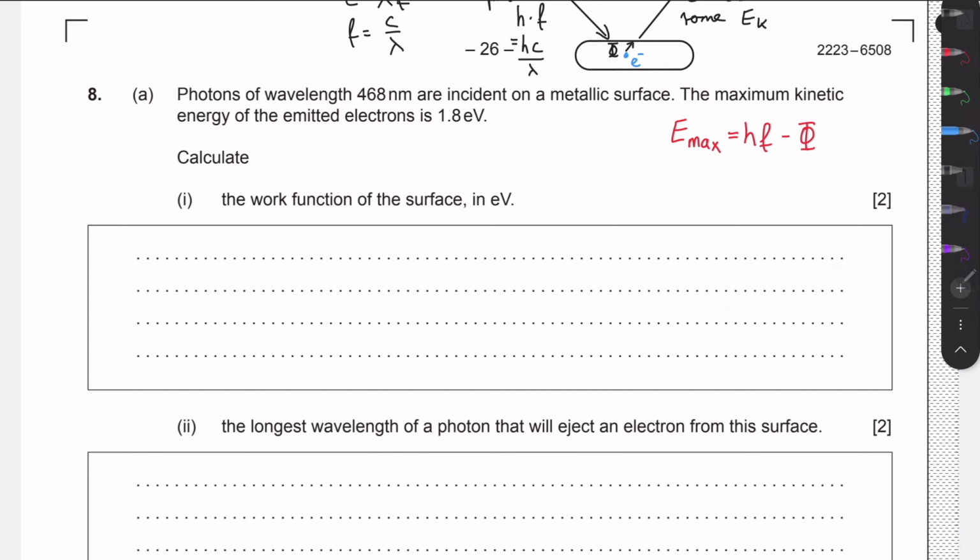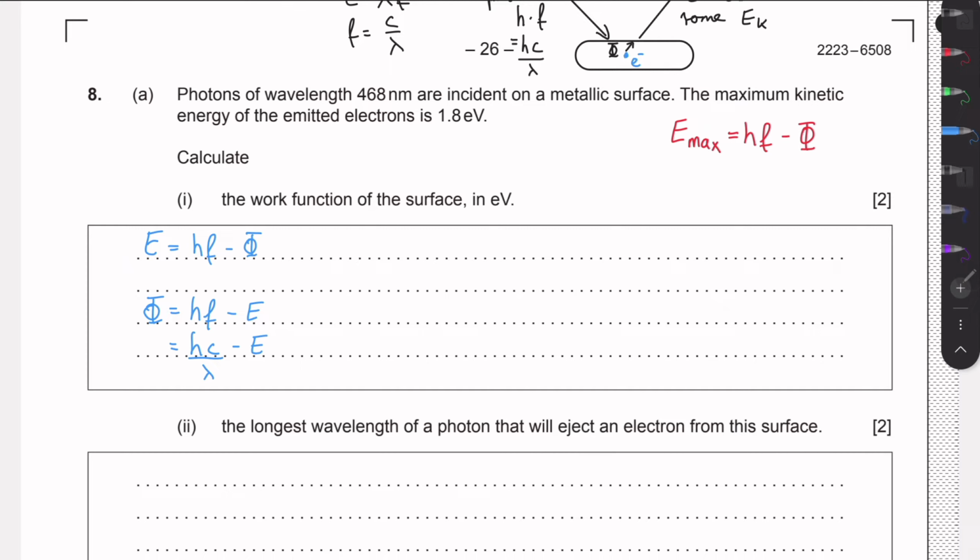I'll just write this down again: the energy is h times f minus the work function. We can rearrange this for the work function. This will be h times f minus the energy, but we know h times f is just hc over lambda. As we were given the wavelength, it's going to be easier to calculate with this formula.